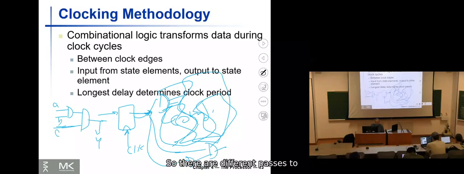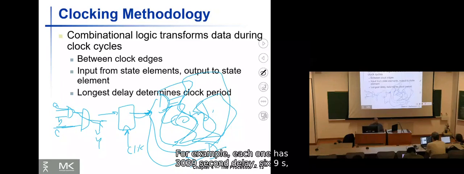There are different paths to Y. A is coming through 2 AND gates. For example, each one has a 3 nanosecond delay, so 6 nanoseconds. But C is coming through 1 AND gate, so it has a 3 nanosecond delay.